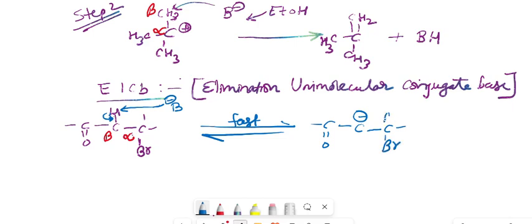Means the electrons left by the hydrogen are present on the carbon, so carbon gets negatively charged, and this is called the conjugate base of the substrate.